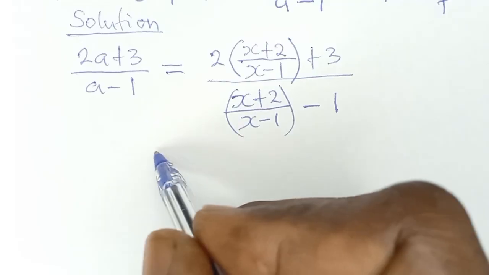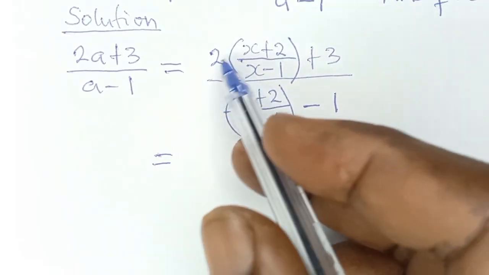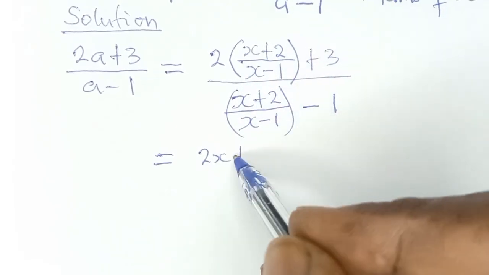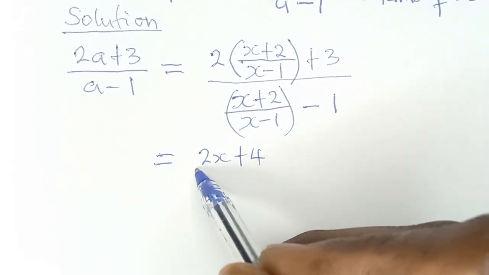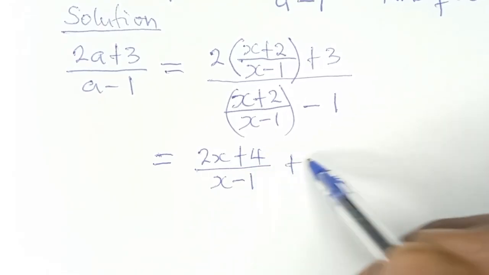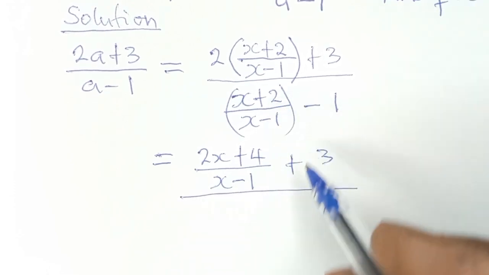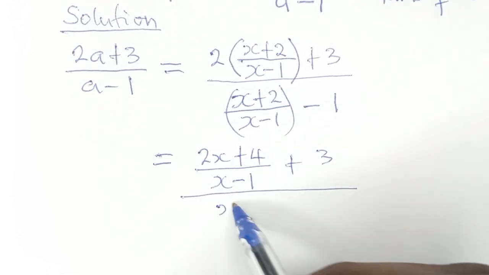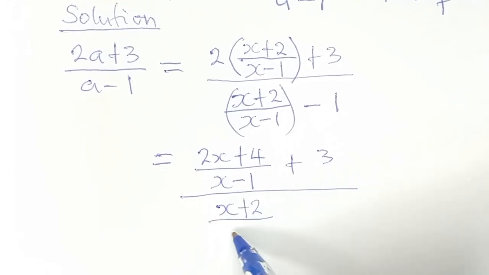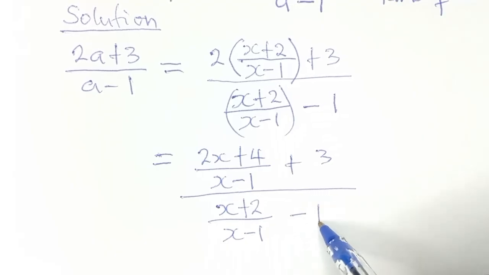So that will be equal to 2 multiplied by x is 2x, and then multiplied by 2 will give us 4, then all over x − 1, and then plus 3, then all over this one here remains (x + 2)/(x − 1), and then minus 1.